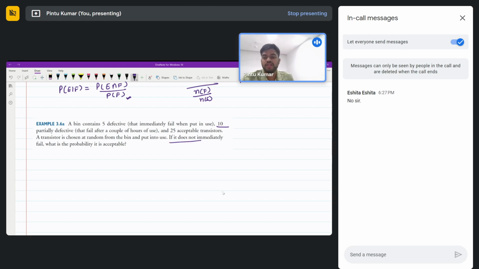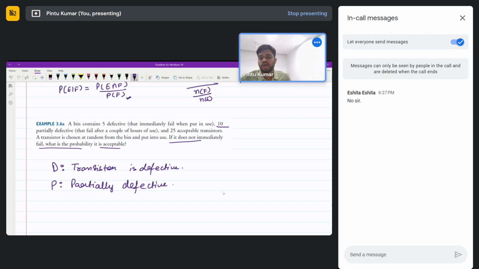If it does not immediately fail, what is the probability that it is acceptable? So let's use some notation here. Let D denote that the transistor is defective, P denotes that it is partially defective, and A denotes that it is acceptable.